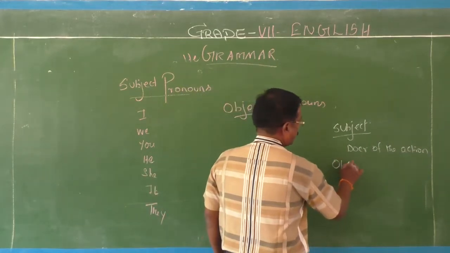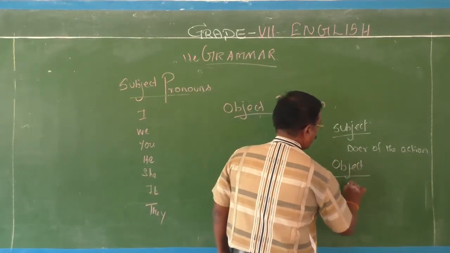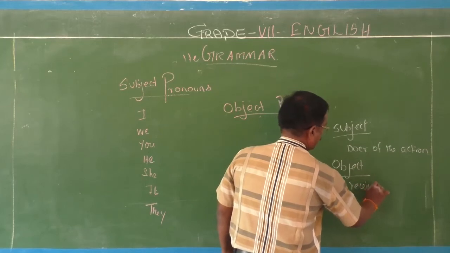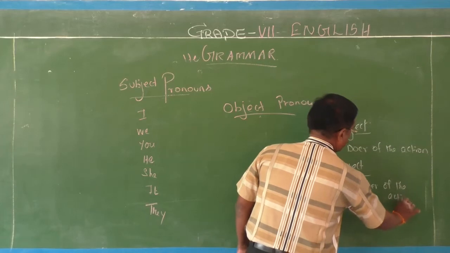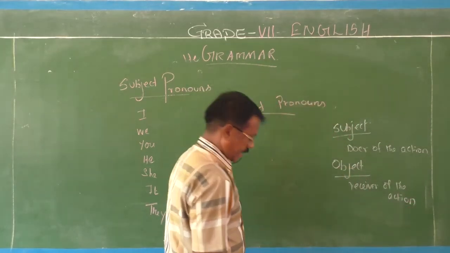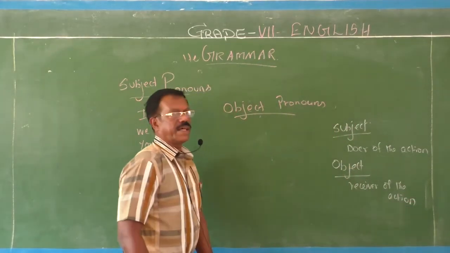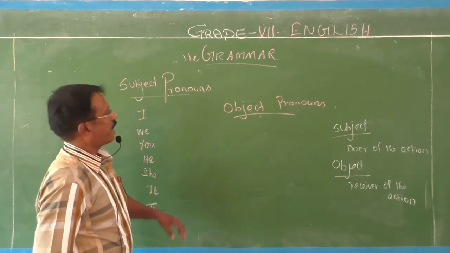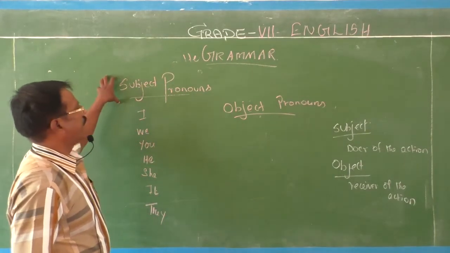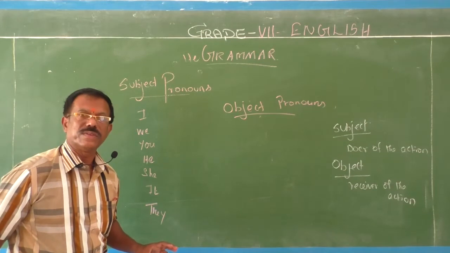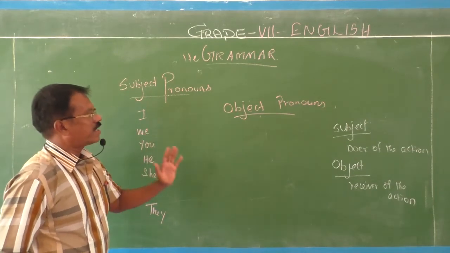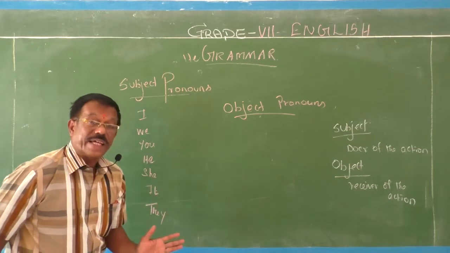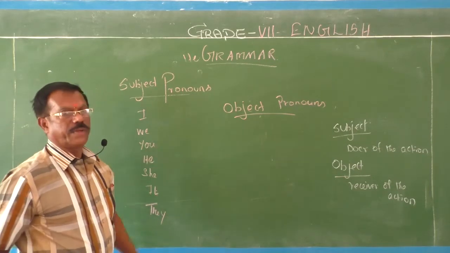Who is the object then? Object is the receiver of the action. Subject is the doer of the action. Object is the receiver of the action. If the pronoun stands for the doer of the action, then they are called the subject pronouns. Okay, right. If the pronouns stand for the receiver of the action, then they are called object pronouns.